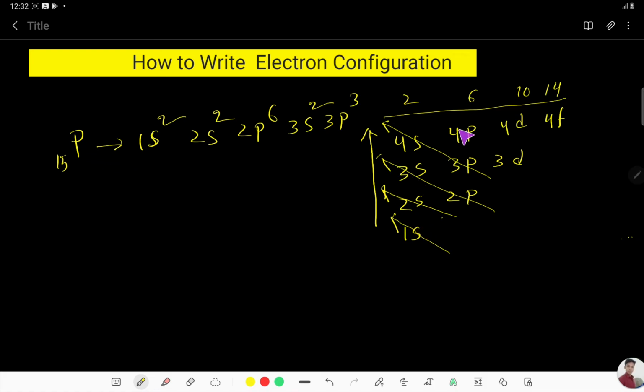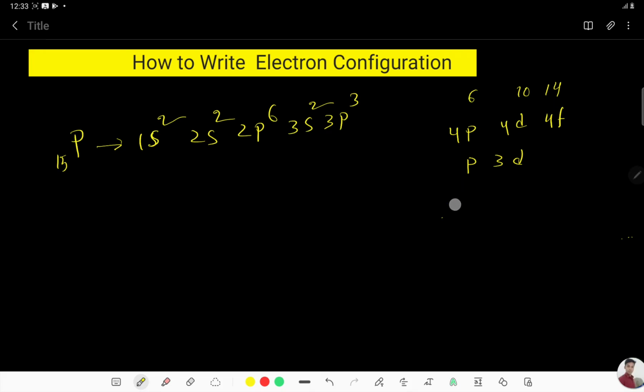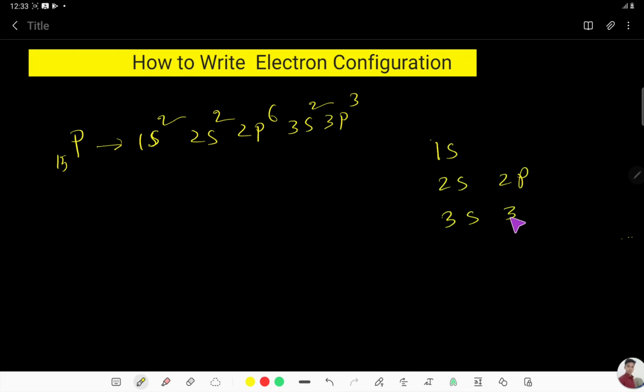You can also write this using the Aufbau principle like this. Let me delete this, right? Look, you can write like this: 1s, then 2s, 2p, 3s, 3p, 3d, 4s, 4p, 4d, 4f, right?